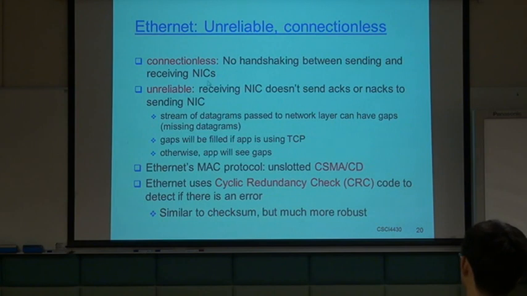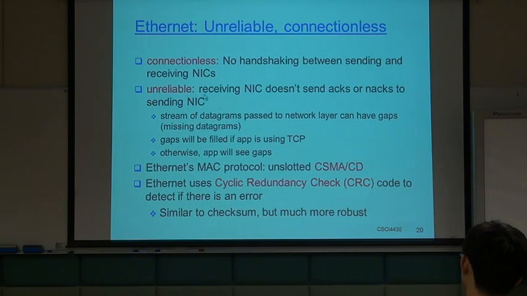And it's unreliable in the sense that the receiver network interface card won't send an acknowledgement back to the NIC. So this is something that should be filled in. This is to be done by TCP.